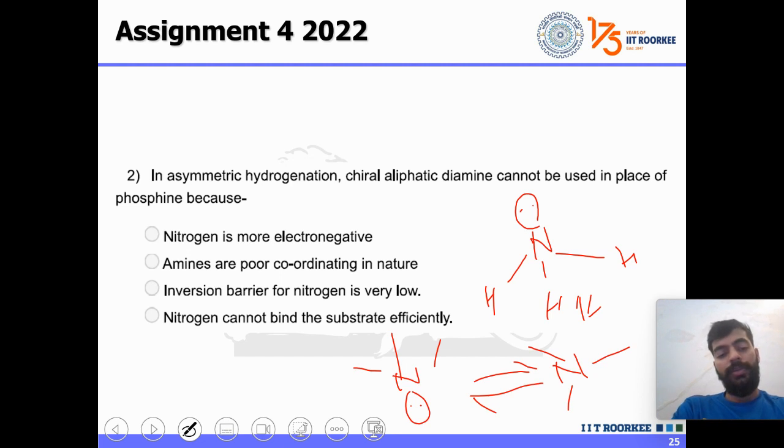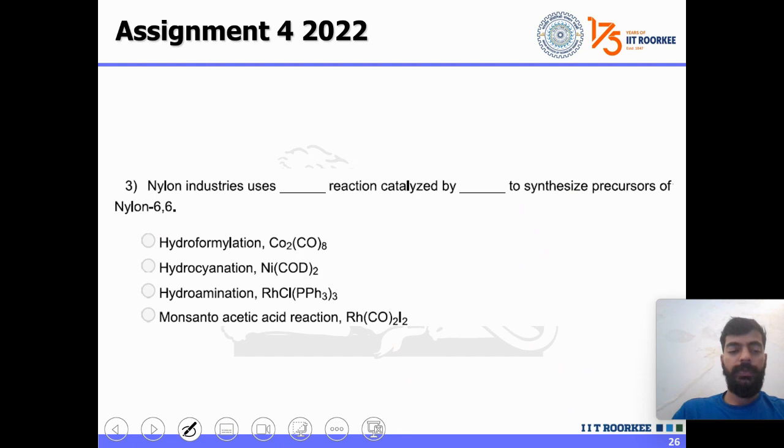That is why asymmetric synthesis or hydrogenation is very difficult in the presence of amines. That means the inversion barrier of nitrogen is very low, and in the case of phosphine it is very high. Phosphines do not do the inversion. That is why amines are generally not used for asymmetric hydrogenation. Let's move to the next question.